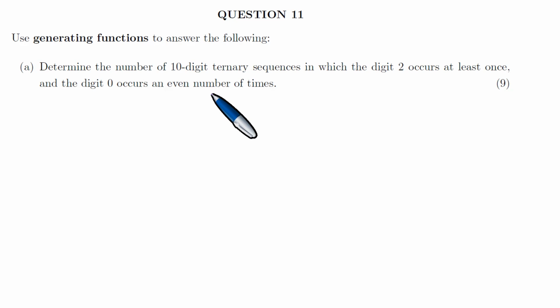We apply them to real life problems to determine the number of 10-digit ternary sequences in which the digit 2 occurs at least once, and the digit 0 occurs an even number of times. Okay, let's look at this.